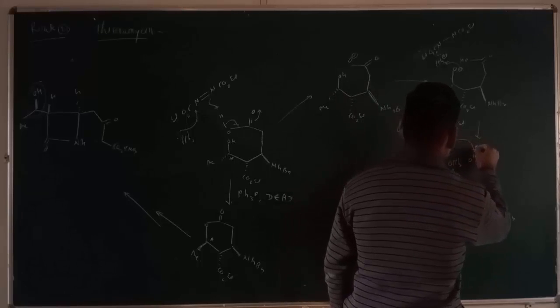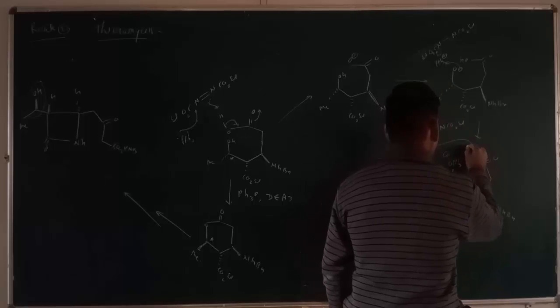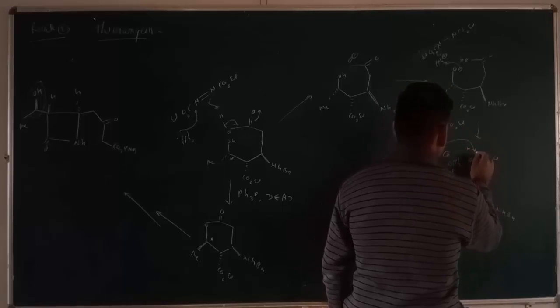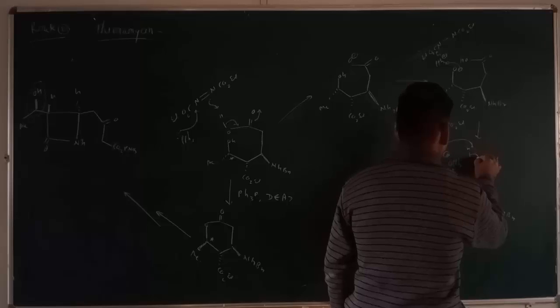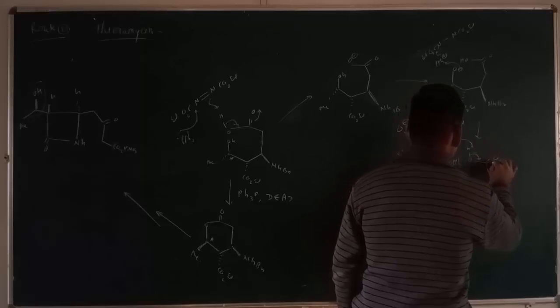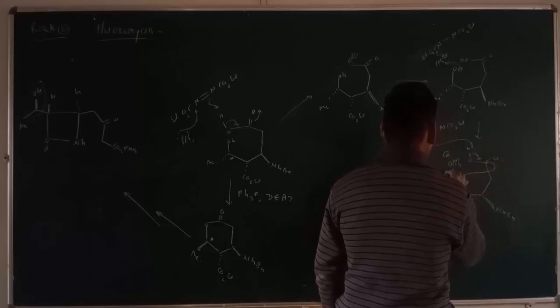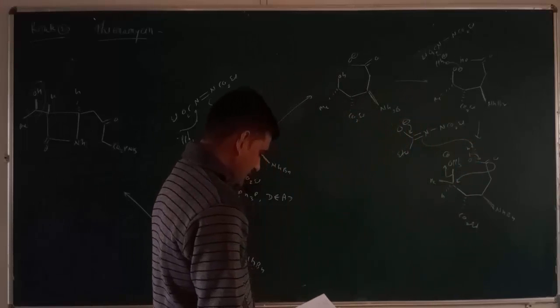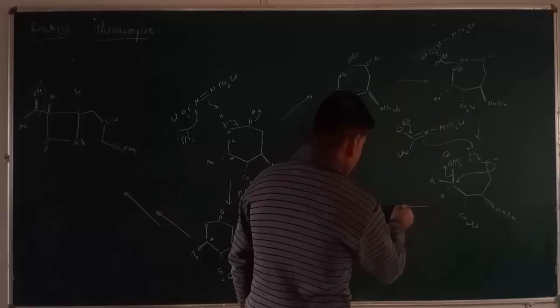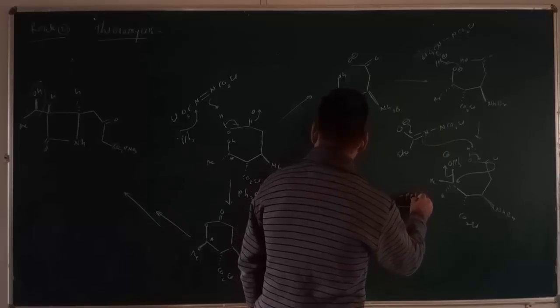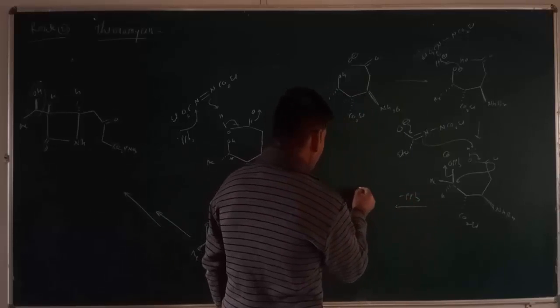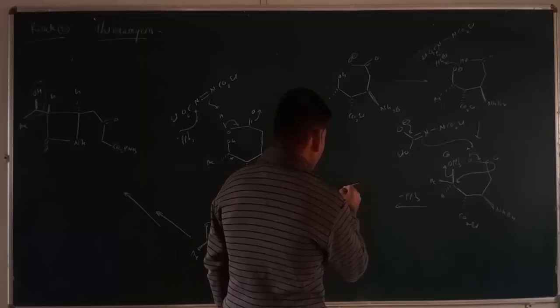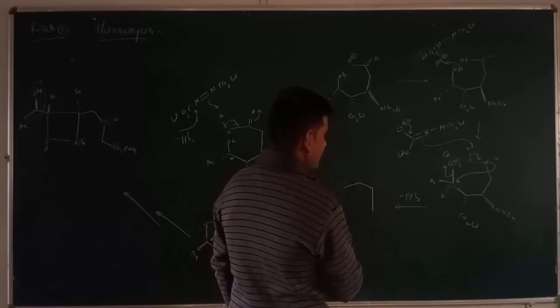It will abstract this proton, so this hydrogen, and then it will be shifted here, and this will attack on this group, and it will remove this triphenyl phosphine group, and it gives formation of a cyclic lactone, and that cyclic lactone will be like this.